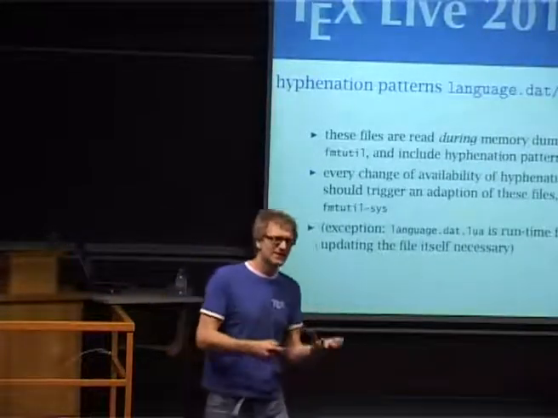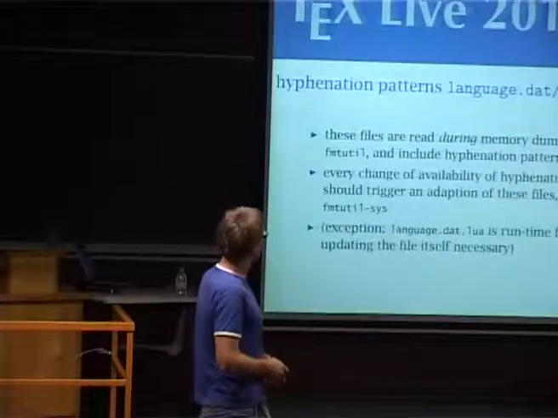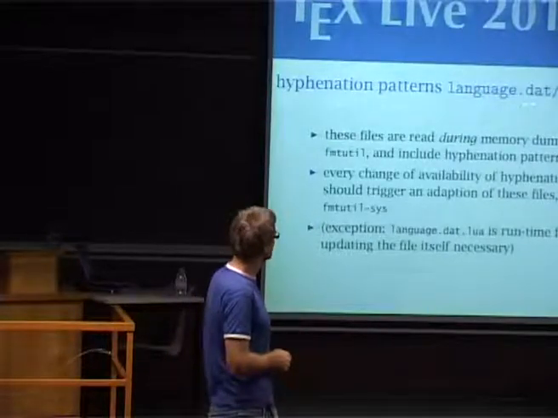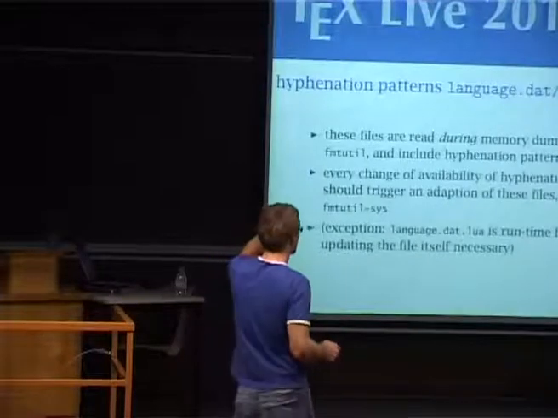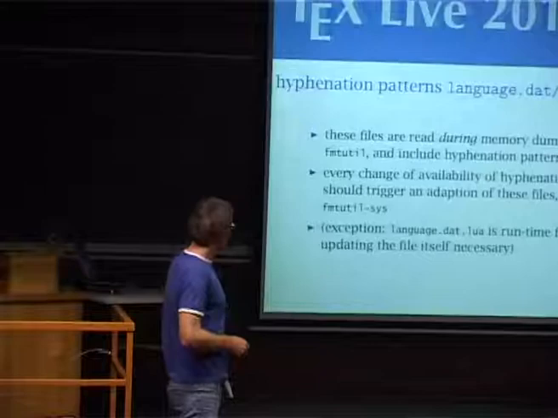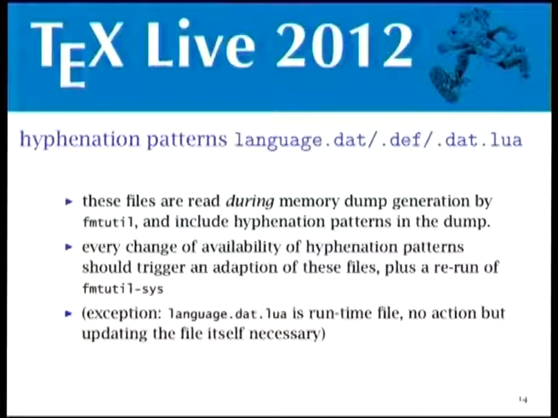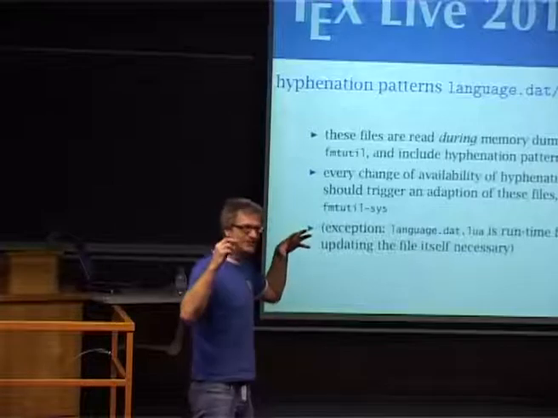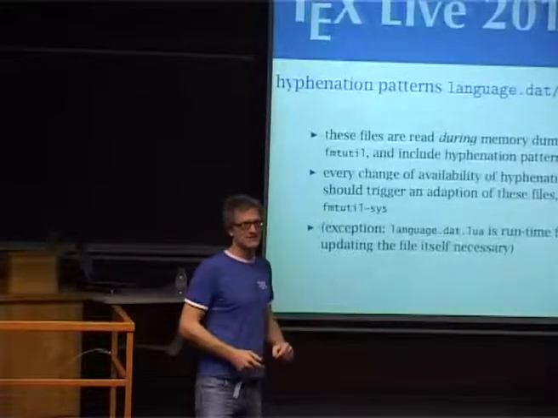Hyphenation patterns, that has actually grown since, I don't know, 3 years now. We have this dat.lua, that's for LuaTeX, the definitions. Again, during format generation, these formats read in hyphenation patterns. And this is in a special format, and these hyphenation patterns are dumped together with the memory format.